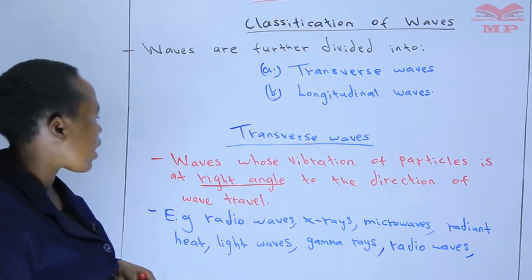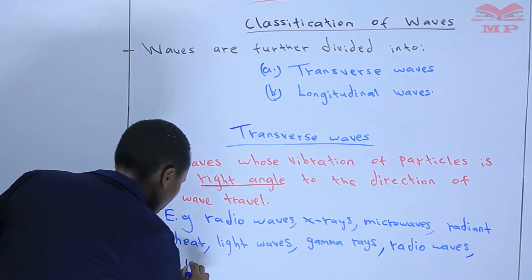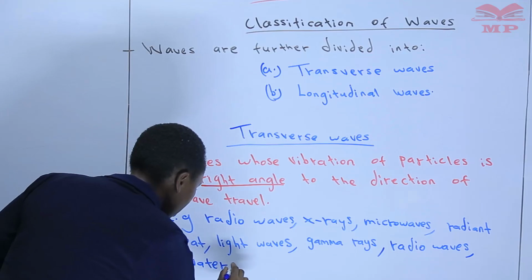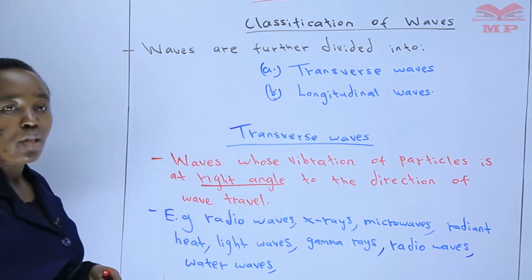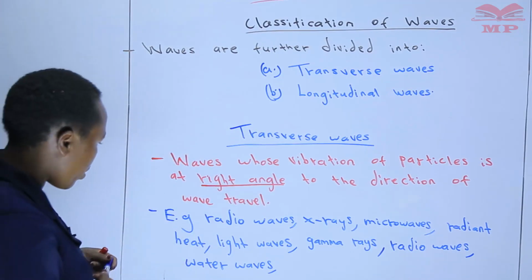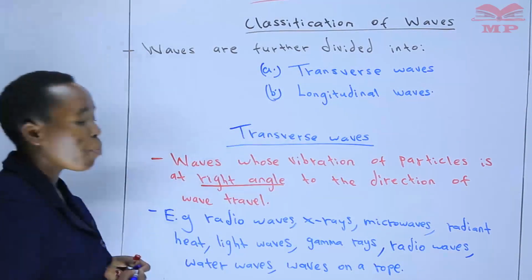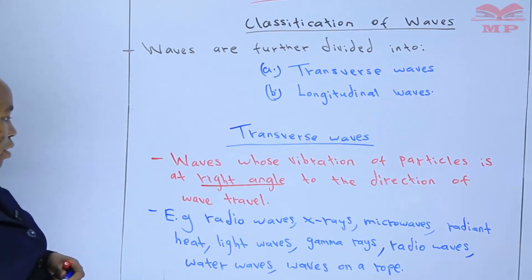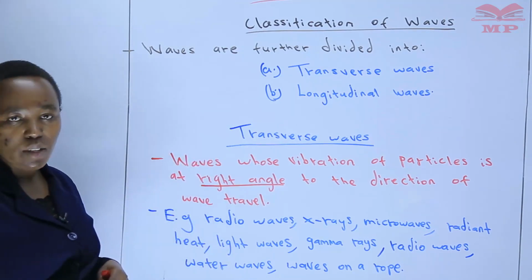In addition to that, we also have what we refer to as the water waves. Water waves are examples of transverse waves. We also have waves on a rope, on a slinky rope. They are also examples of transverse waves.